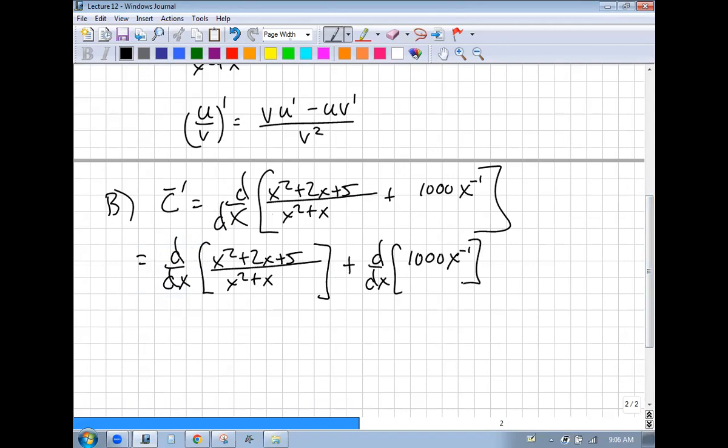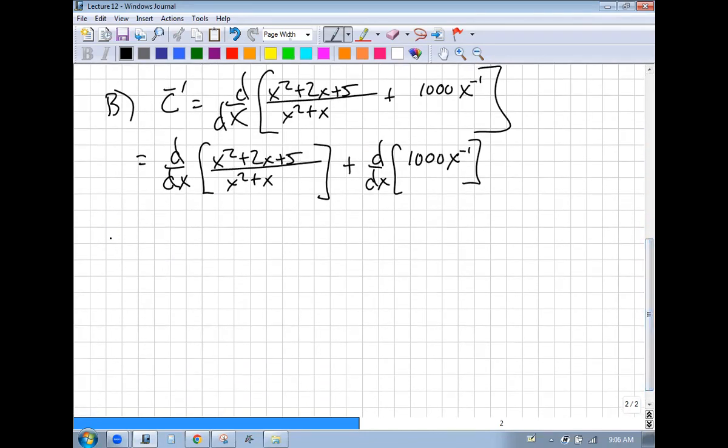I'm going to kind of bounce between the d/dx notation and the prime notation. For this guy here, we know it's going to end up all over the thing on the bottom squared. Copy that. So we had what? The thing on the bottom times the derivative of the thing on top, right?